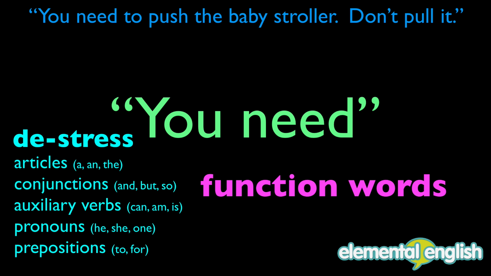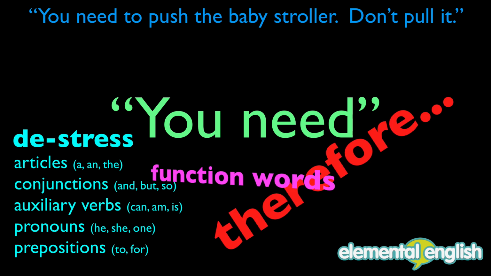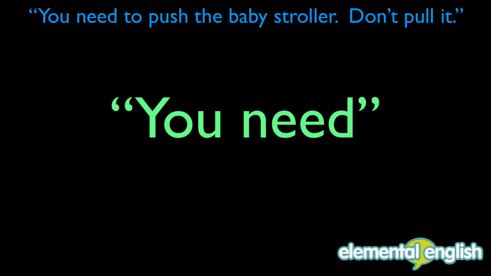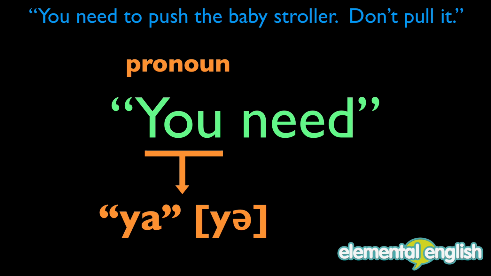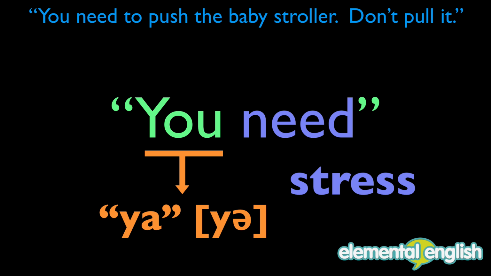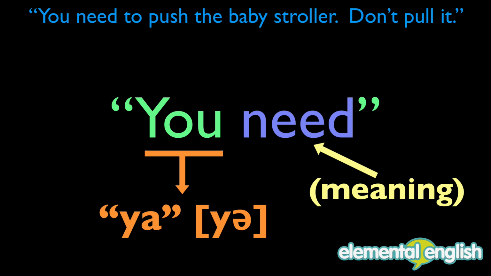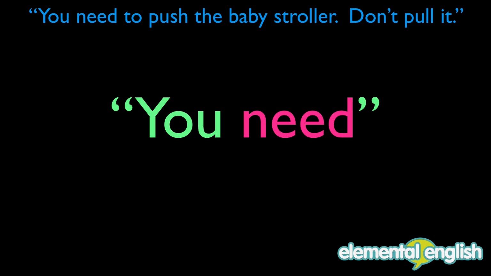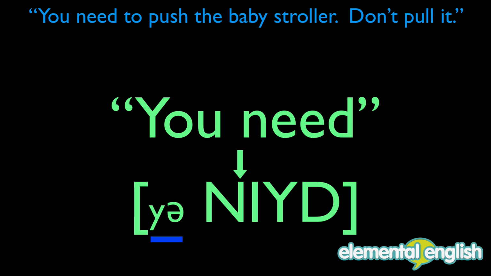This is because the listener doesn't need to hear function words clearly in order to understand the sentence. Therefore, we can start the sentence by transforming the pronoun you into ya. We also stress the verb need because it carries meaning in the sentence. So you need becomes you need.